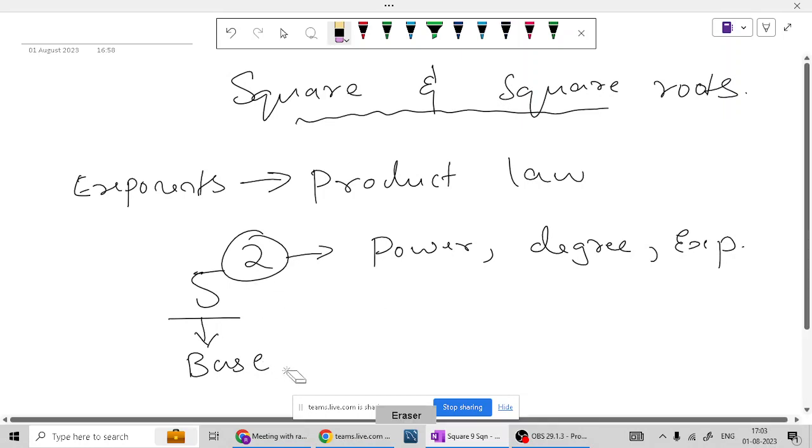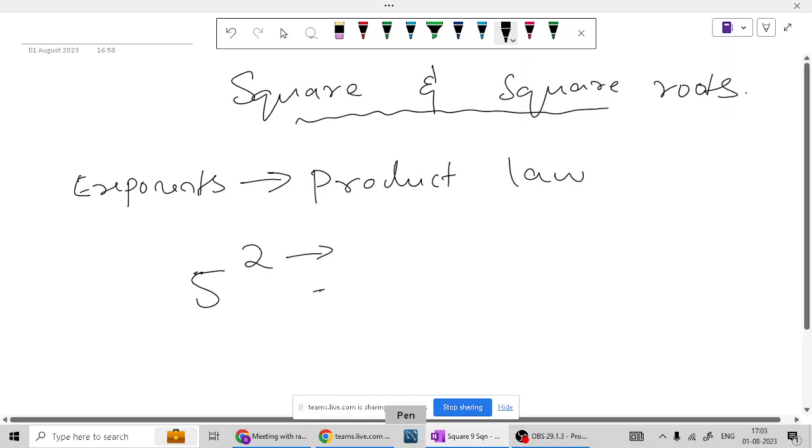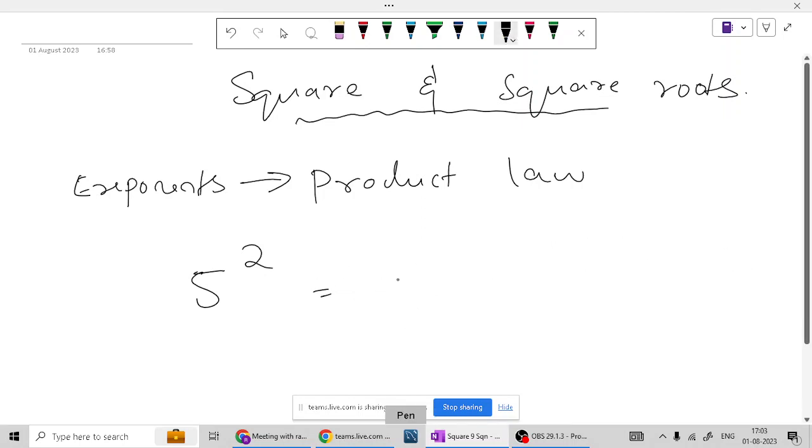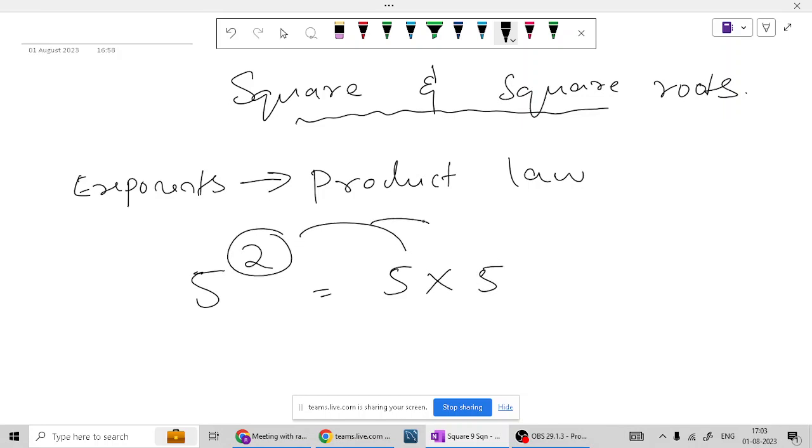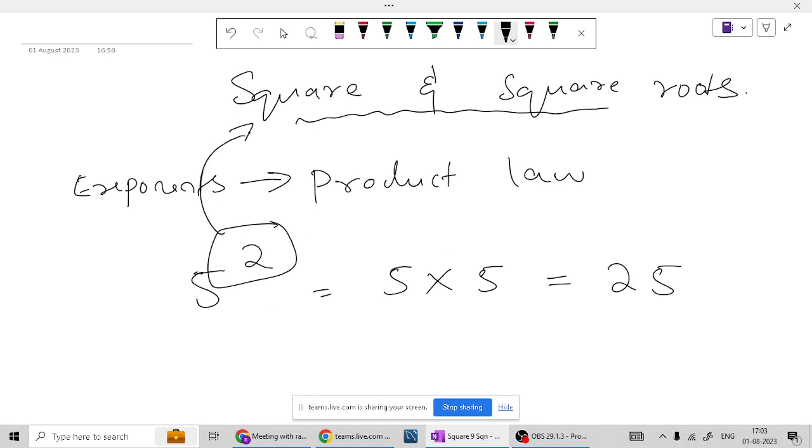So how much is 5 square? The base is multiplied twice. So it is 25. Any base to the power of 2, we call it a square.